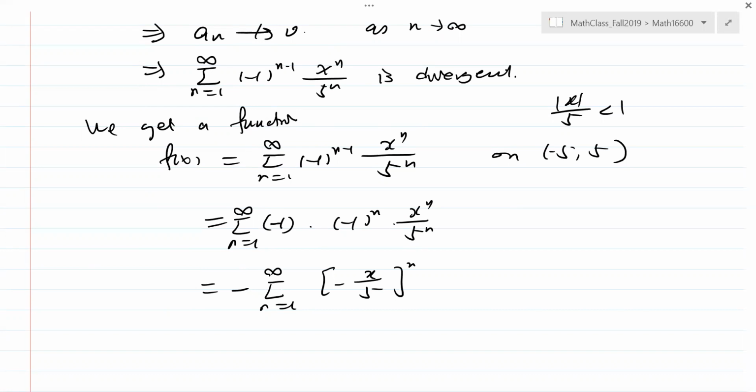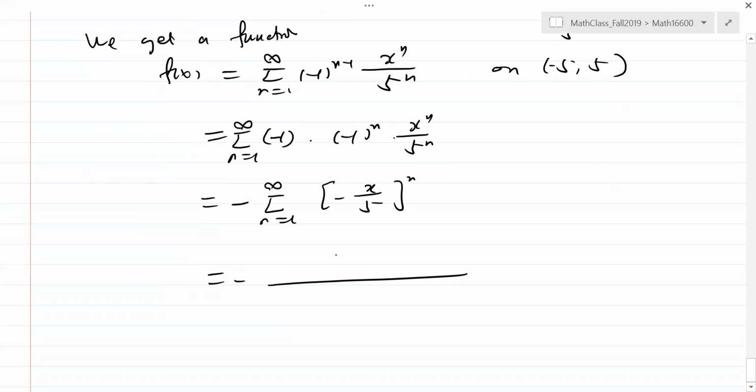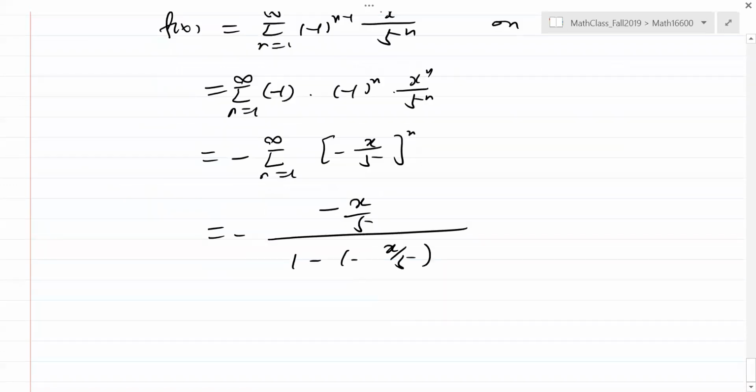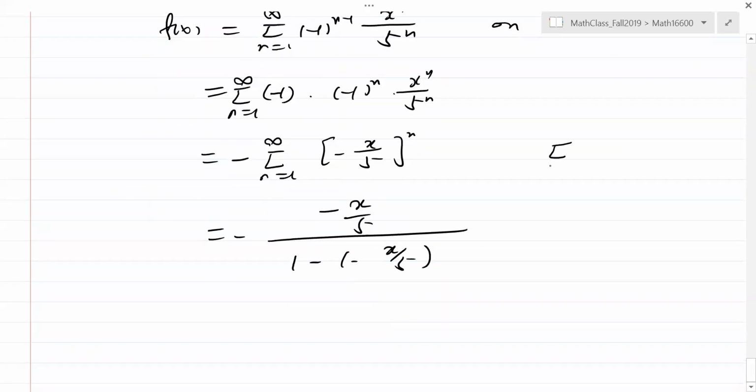So that is going to be negative x over 5 divided by 1 minus negative x over 5. The formula I'm using here is the sum of w to the n equals w over 1 minus w, for absolute w less than 1.